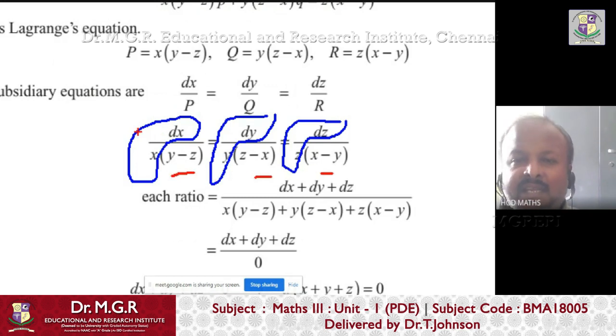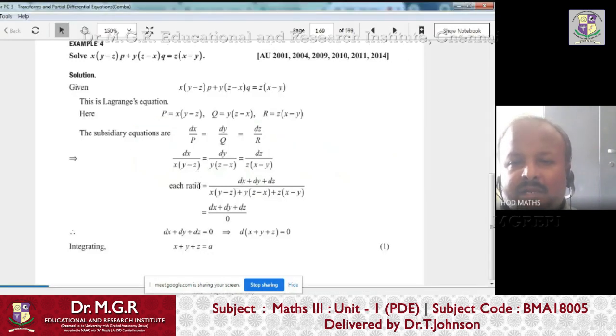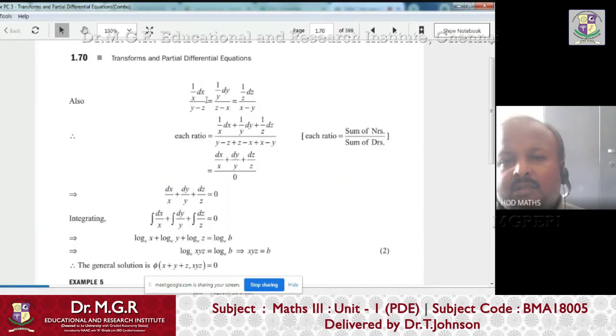Now if they add dx by x plus dy by y plus dz by z, then automatically again these terms cancel each other out, and we get zero in the denominator. So now it looks like 1 by x dx, 1 by y dy, and 1 by z dz.